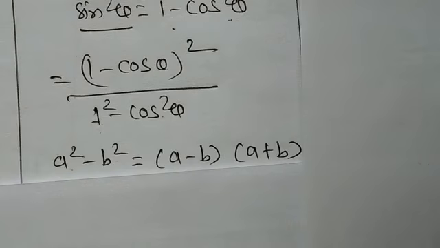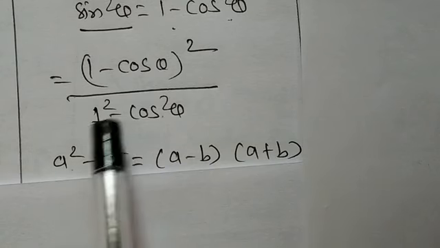Now again the identity is a square minus b square equals (a minus b)(a plus b). As you know, in this algebraic identity, the first bracket has the two terms with subtraction and the second has the two terms with addition. So use that: 1 square is 1, and cos square.